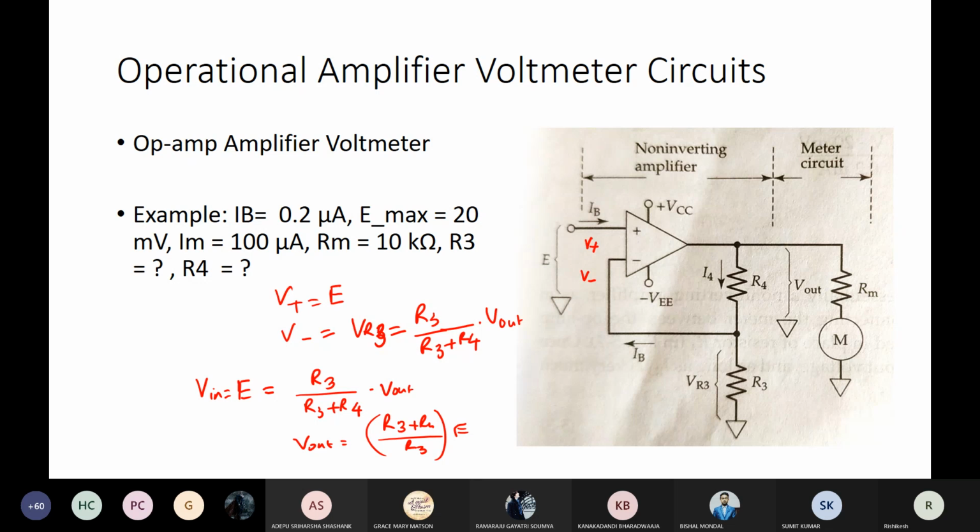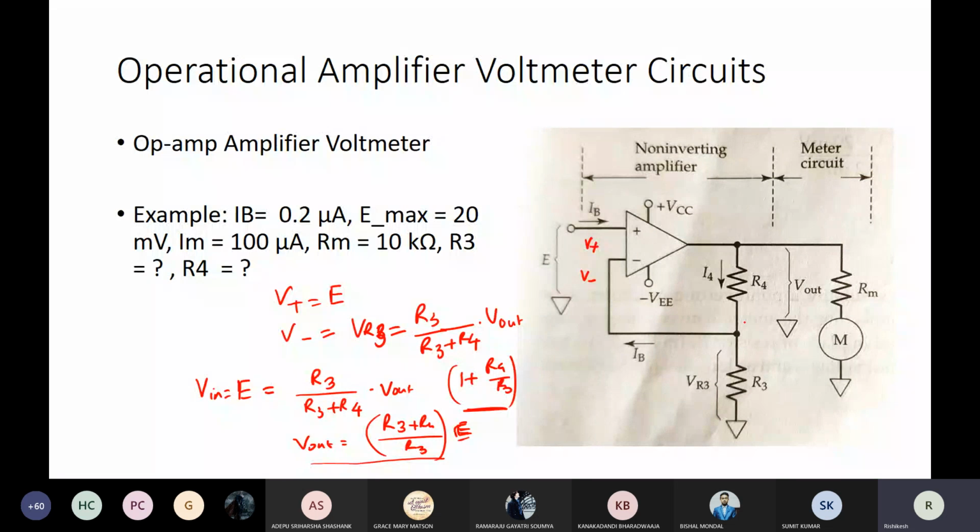Yes, sir, slightly. So this is the output voltage, which is the magnified version of this. Because you see, R3 by R3 is 1, so it is R4 by R3, which is always greater than 0. So this quantity which is being multiplied with E is higher than 1 always, right?